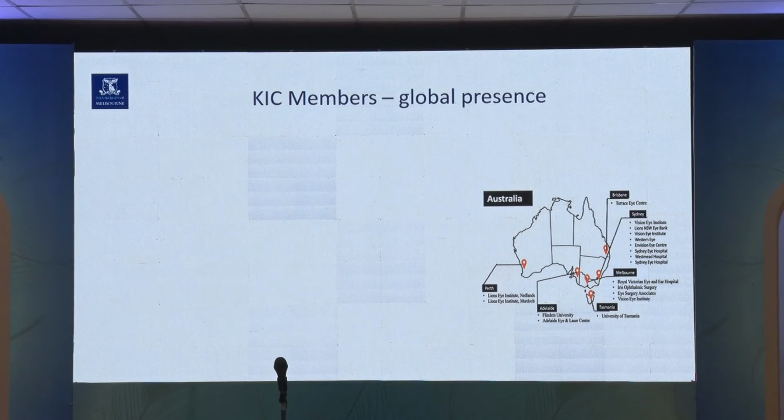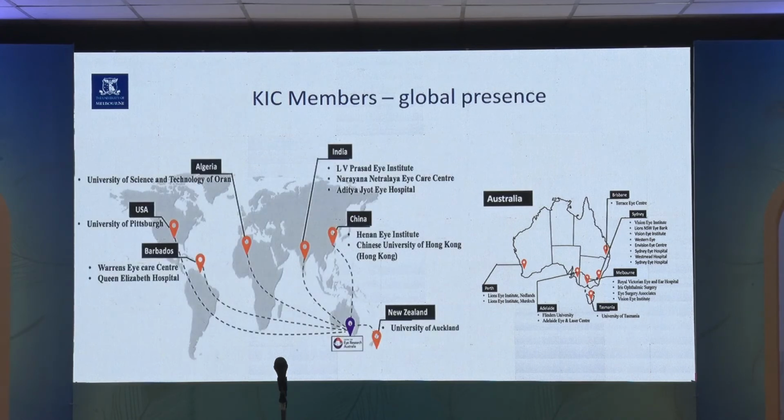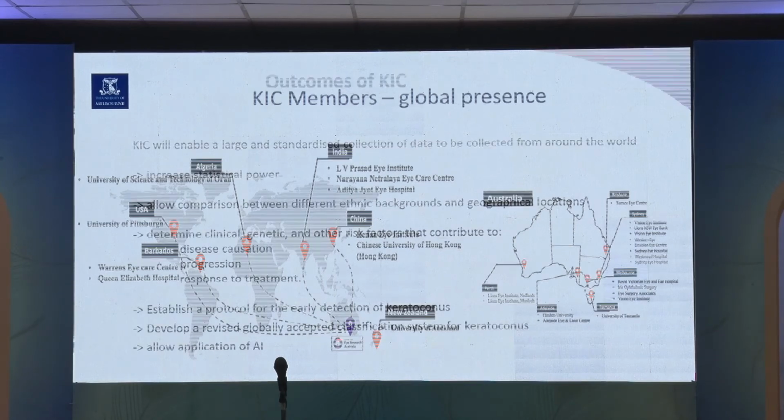So these are some of the sites. We've recruited main sites in basically the whole of Australia, and we've also expanded that to the rest of the world. And of course, in India, we have LVP, Narayana Nethralaya, and Aditya Jyot in Mumbai. But you can see this is a list of different places that are already involved in this particular study, and the list is growing.